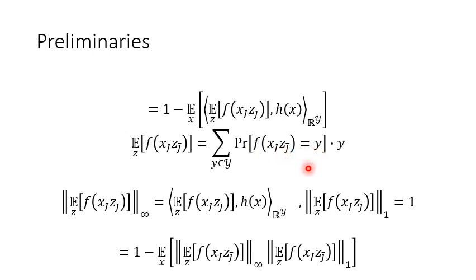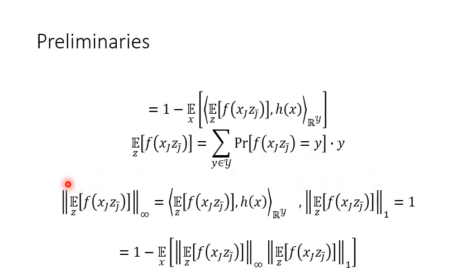And this is very nice because this is a formal linear combination that actually tells us for each y what is the probability that f will give it to us as an output. So now we can see that the L1 norm of this formal linear combination is 1, because the L1 norm will just be the sum of all the coefficients. But in this case, those are just probabilities, so of course their sum will be 1.